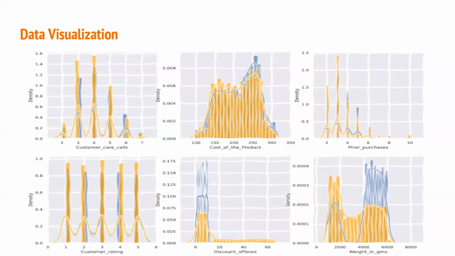This provides further evidence to suggest that weight and discount offered will be useful in predicting whether goods are delivered on time, with decently clear separations between the distribution peaks of on-time and not on-time goods.